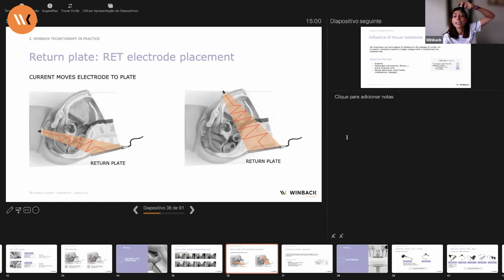So here we have the example, how we place the electrode and how we place the return plate about the area that we are treating on. If we were working on the abdominal part, we are not stimulating the pelvic floor, the superficial perineum. But if we work directly on the perineum, we have all the stimulation, okay, just to the return plate.